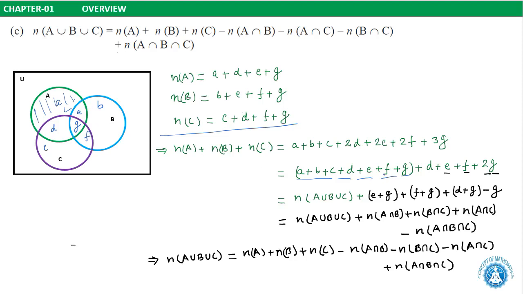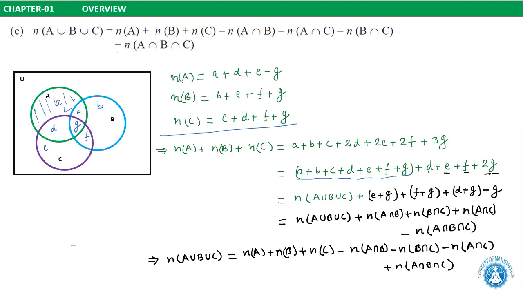So we will write it as written here: a to g, plus the remaining d, e, f can be written here, and we have taken 1g inside this parenthesis, so we are left with 2g. Now this whole thing represents the number of elements in the union of A, B and C.